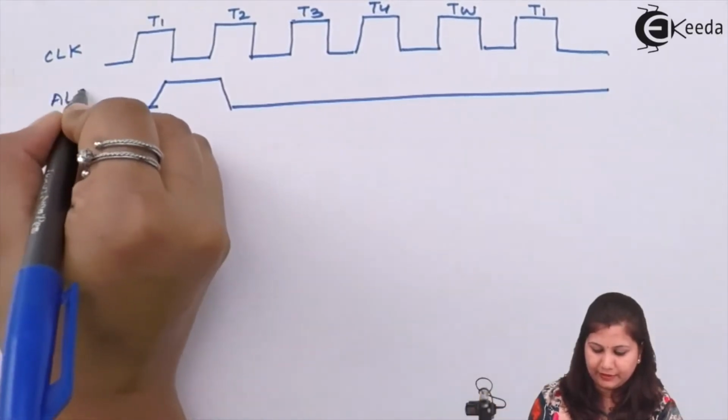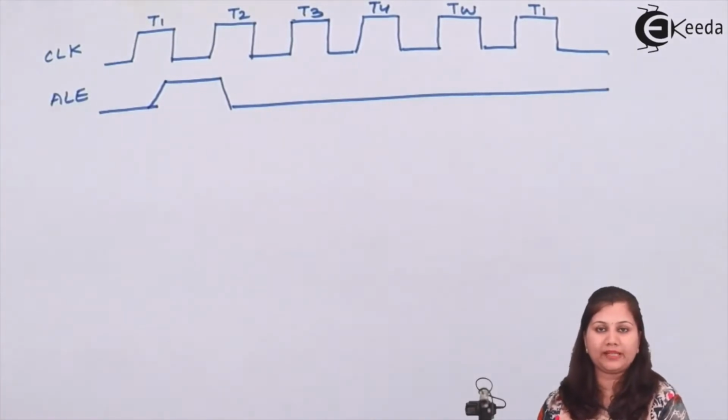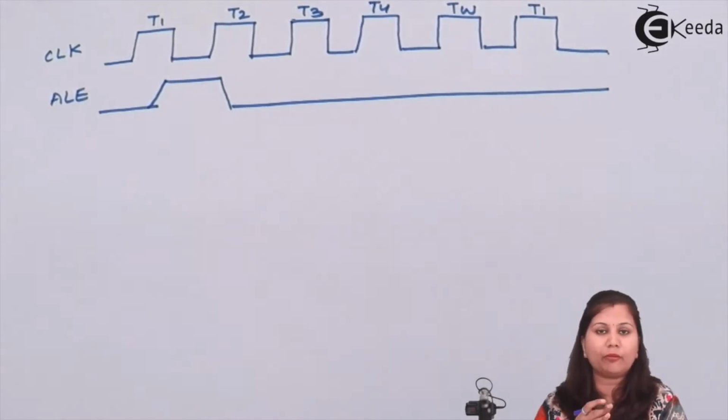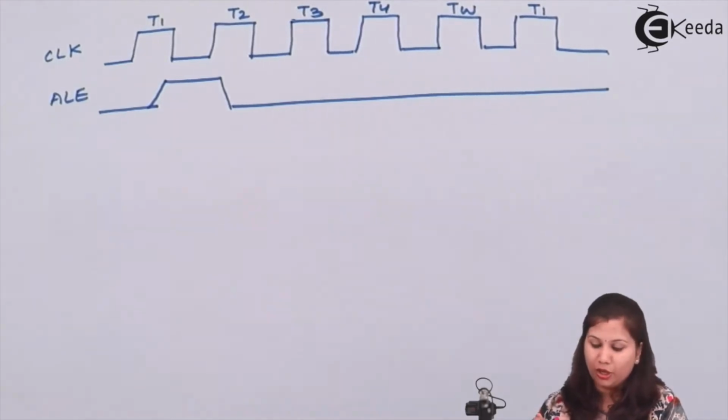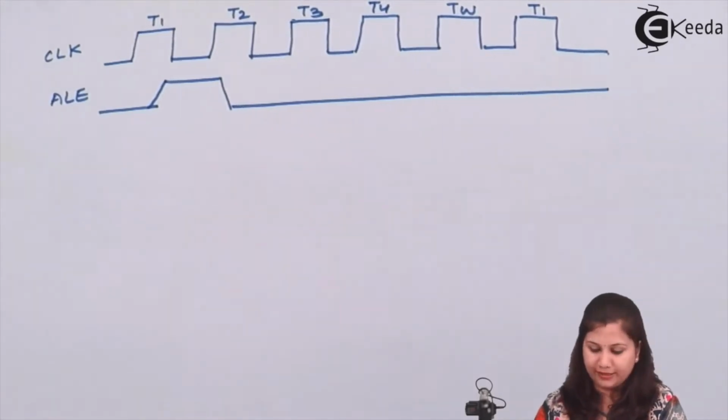Here is the ALE signal. When the signal is high, the address will be placed on the address bus. We know that the 8086 microprocessor has a 20-bit address line from A0 to A19. A0 to A15 are multiplexed with the data bus, and A16 to A19 are multiplexed with the status signals.